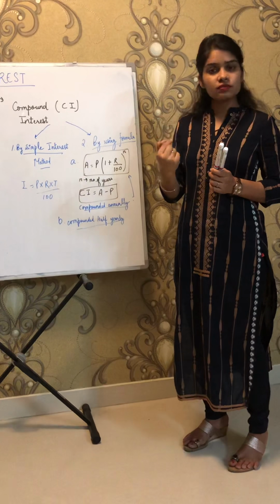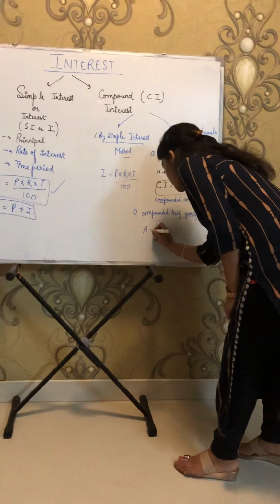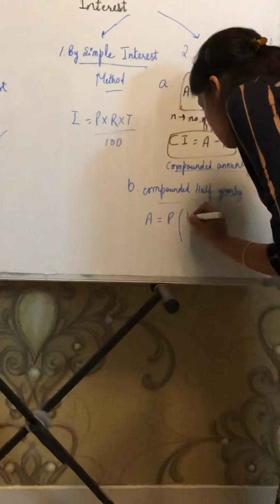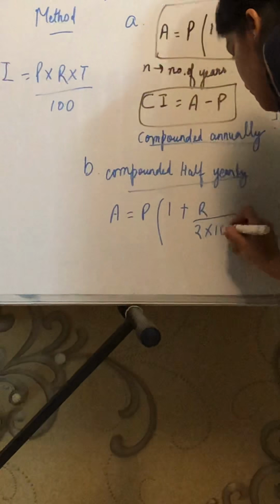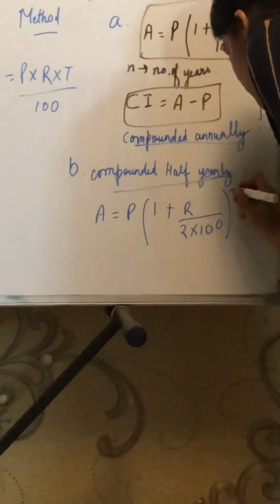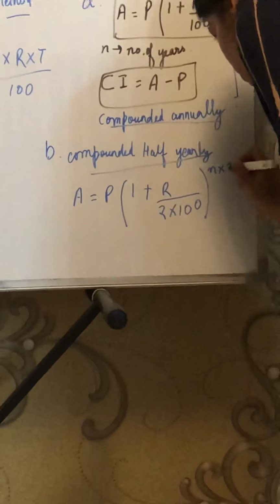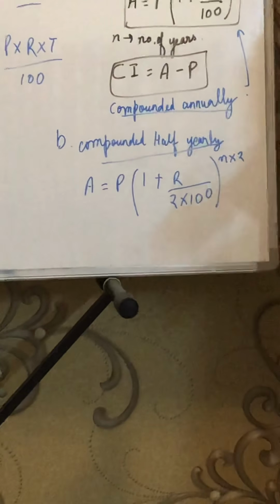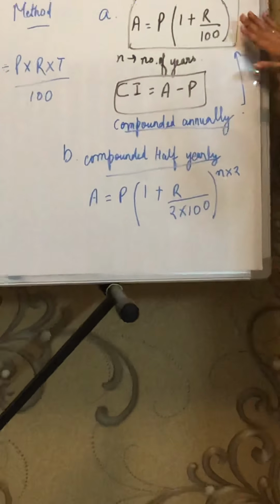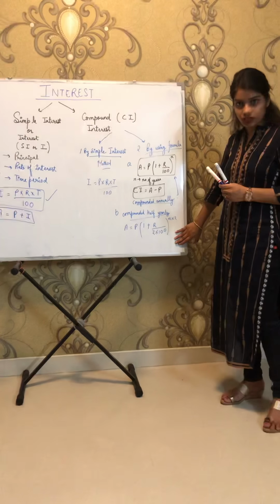So 1 becomes 2. Similarly, in case of compound interest, the formula becomes A equals P into (1 plus R by 2 into 100) raised to N into 2. Time gets doubled and the rate of interest gets halved. So we have two formulas, compounded annually and compounded half yearly.